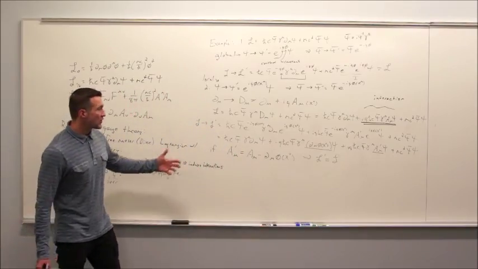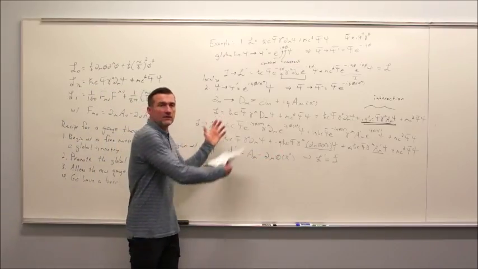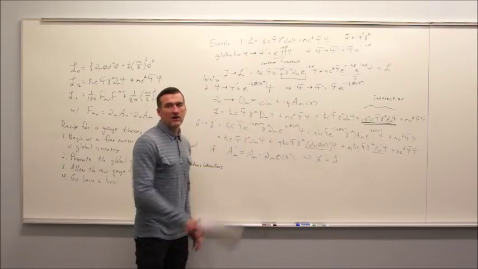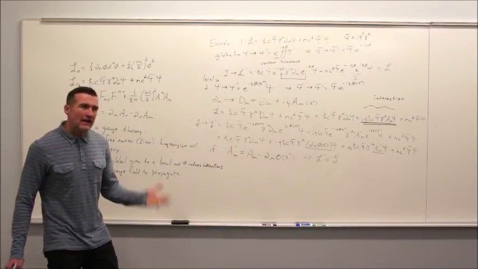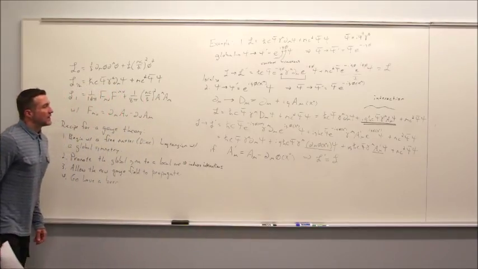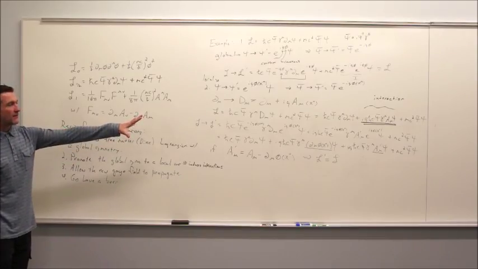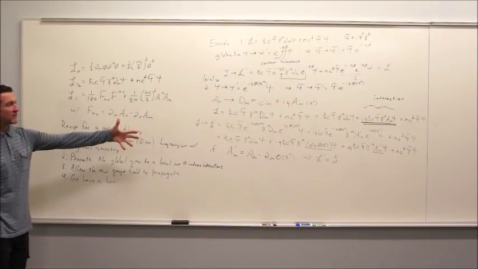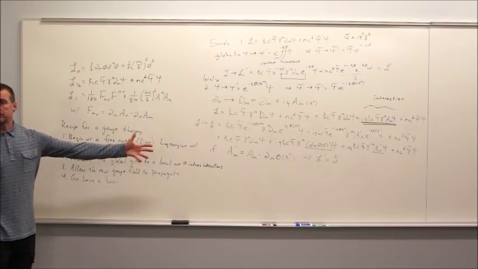At this point, all you could do is just say A mu has this form, and then you just do the physics that this Lagrangian corresponds to, given the functional form of A mu. But what we would like to do is have an equation of motion for A mu that's useful. So if we want to allow A mu to propagate, if we want to get useful equations of motion for it, what we need to do is give it a kinetic term.